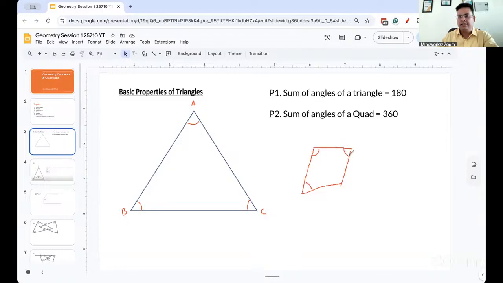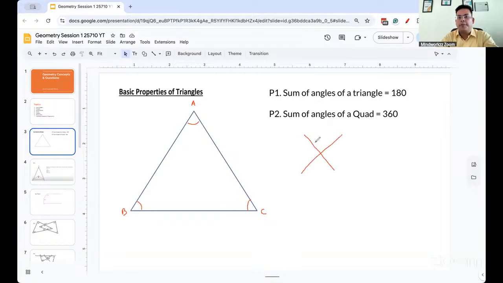Whenever we say angle, if we do not mention anything, it means internal angle. So the sum of all the angles of a quadrilateral is 360 degrees. Then there are two more important concepts which you already know, but I'll just brief in case you have not gone through them in the recent past.